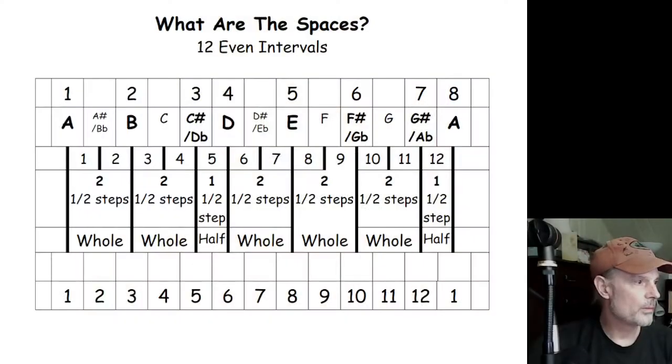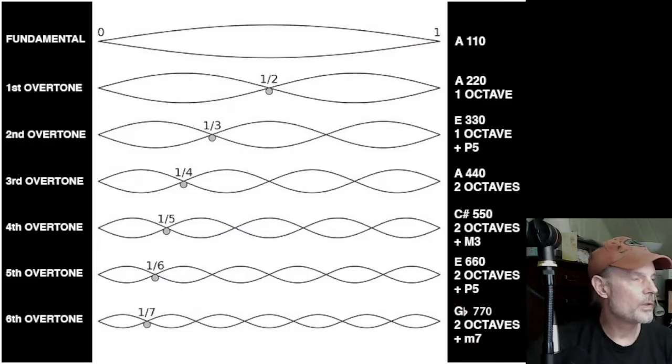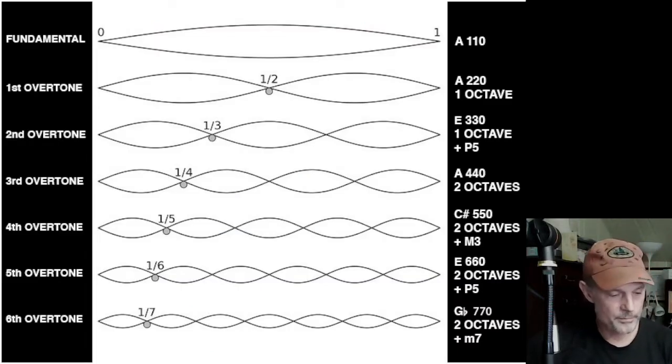Now, before we end this extra credit video, I just want to make some practical application of this information. So going back to the A note, remember that the overtones included the C sharp and the E. And many of you will realize that that is an A major scale, or an A major chord.